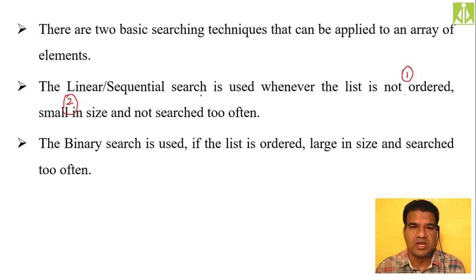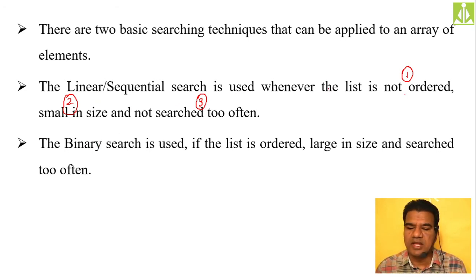If you are searching too often, then linear search is not the best solution. If you are searching rarely, then go for linear sequential search. If you are searching too frequently, go for binary search.